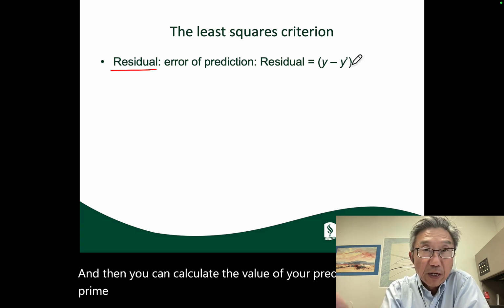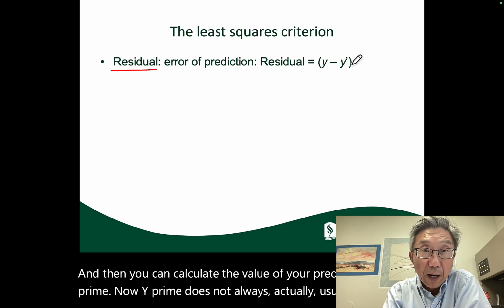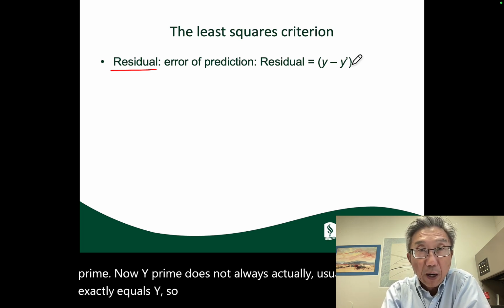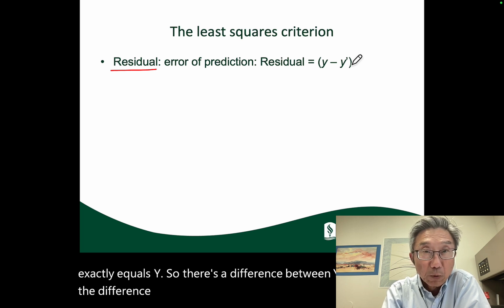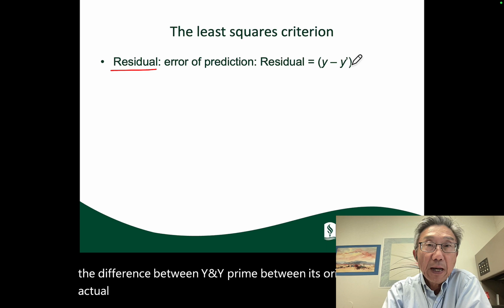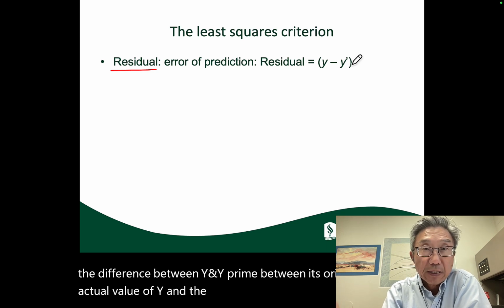Now, y prime usually does not exactly equal y. So there's a difference between y and y prime. And the difference between y and y prime, between the actual value of y and the prediction, is the error in prediction.